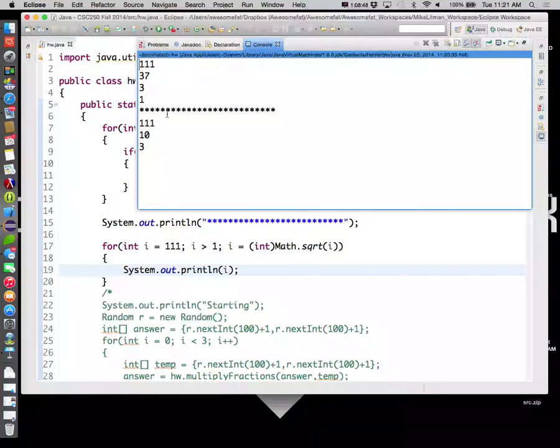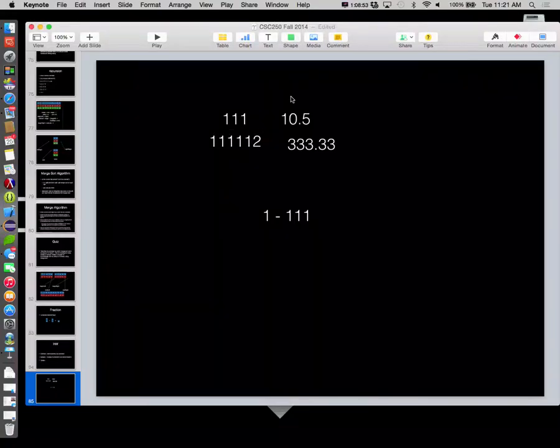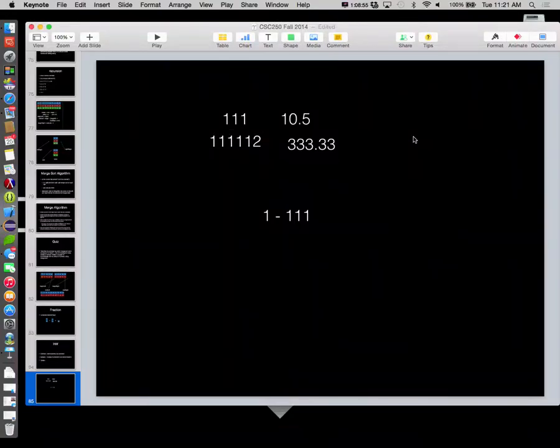What are we looking for? I'm looking for how square root plays into this solution.